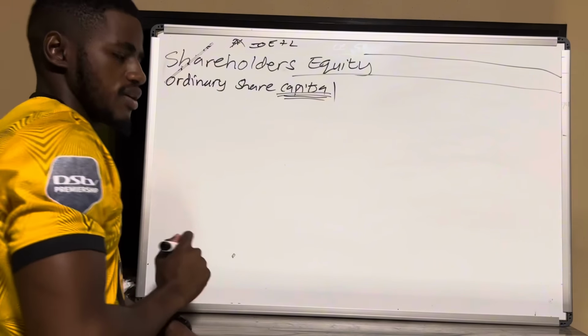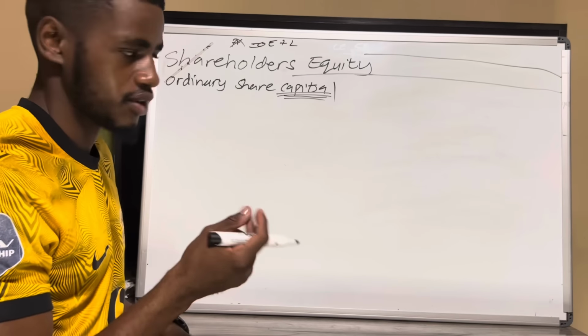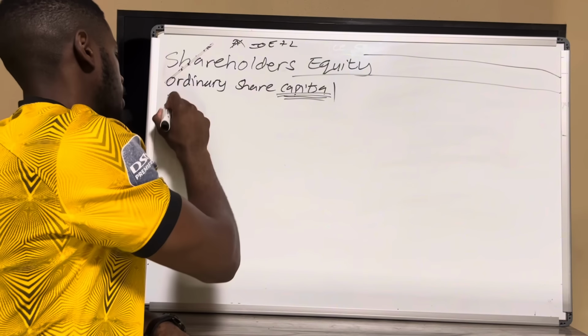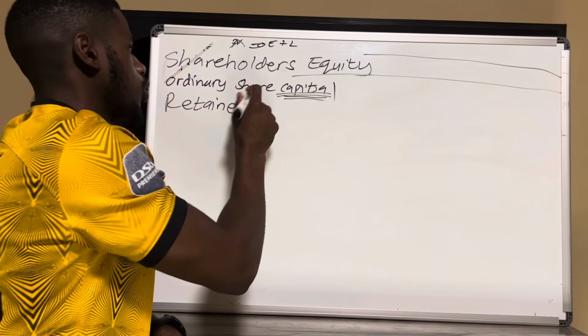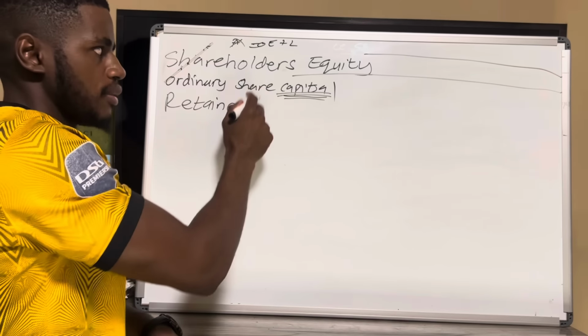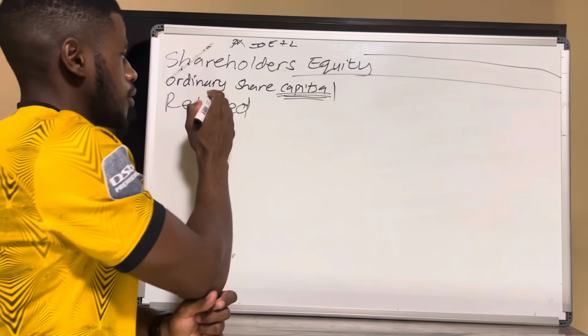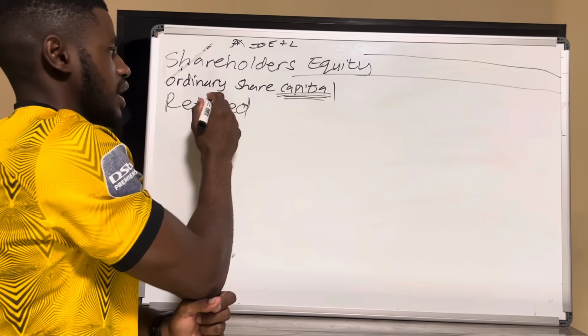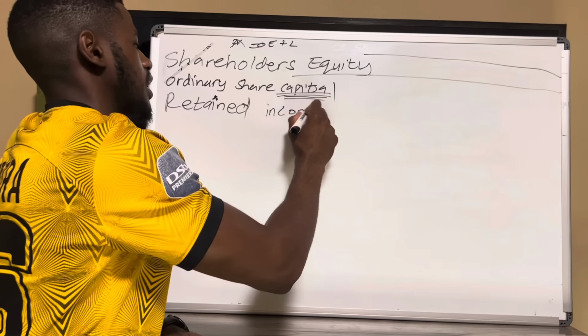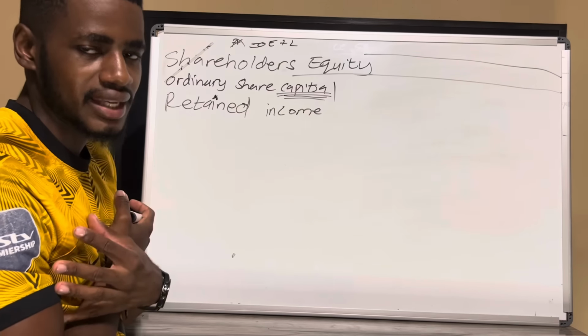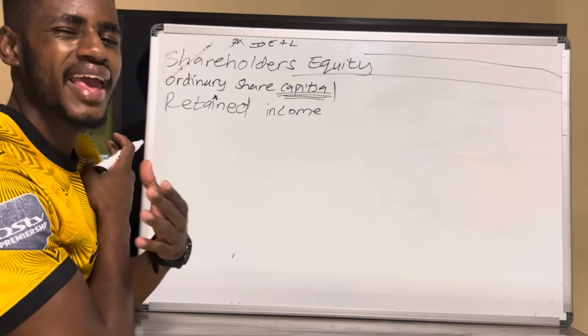This is the amount that we received for selling our shares. Then we'll be having retained income. Both these notes, we are going to be doing them separately, okay? But for now, just to know the structure and the basics of the balance sheets, we have retained income, which is the amounts that we have retained at the end of the year after paying for everything.